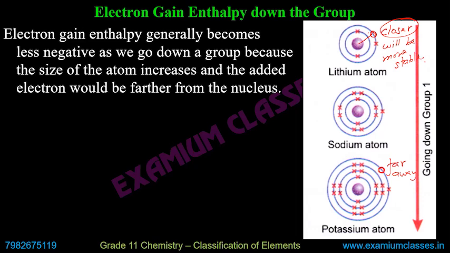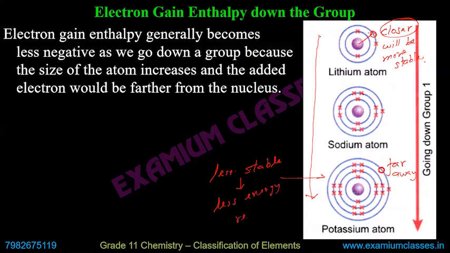I'm talking about down the group only. So down the group, less energy will be released. Less stable. Less energy released. So I'm talking about in terms of negative electron gain enthalpy only.